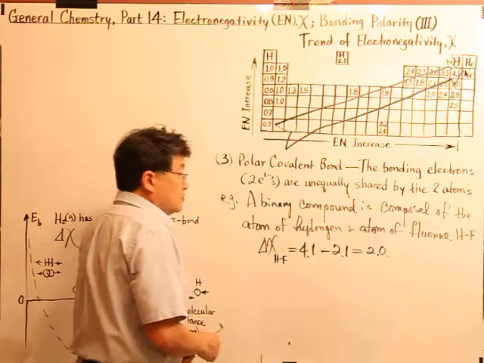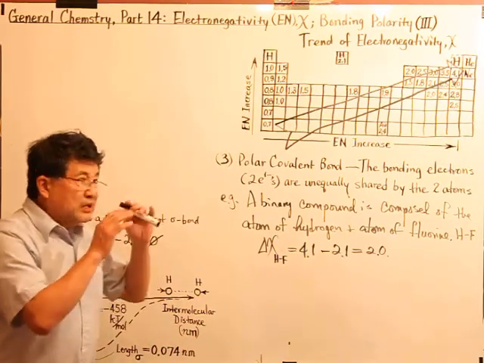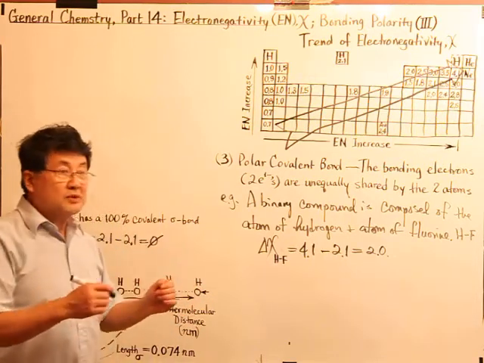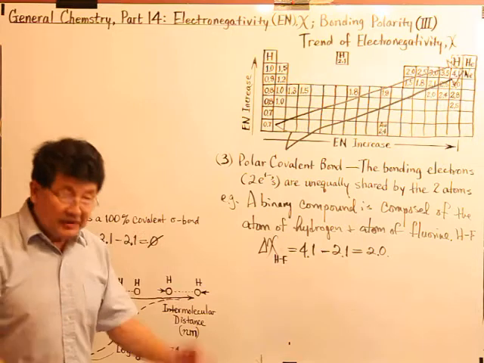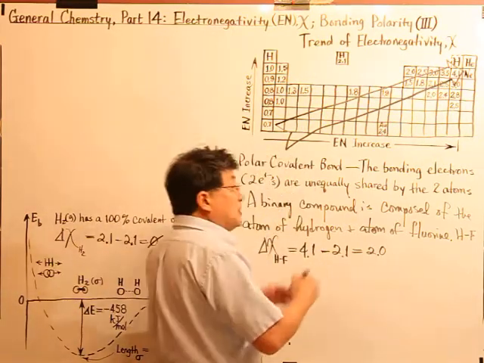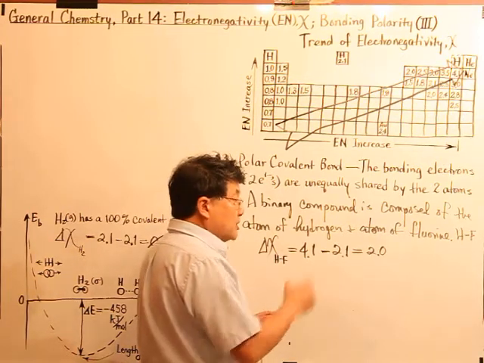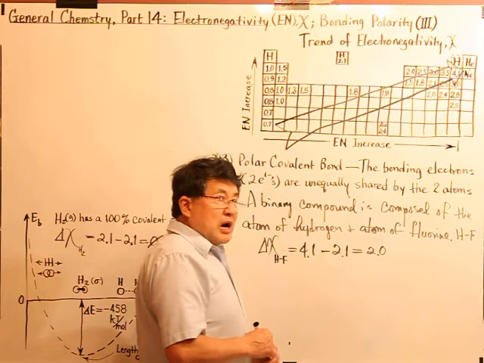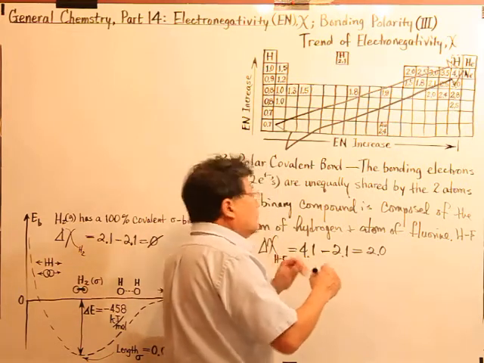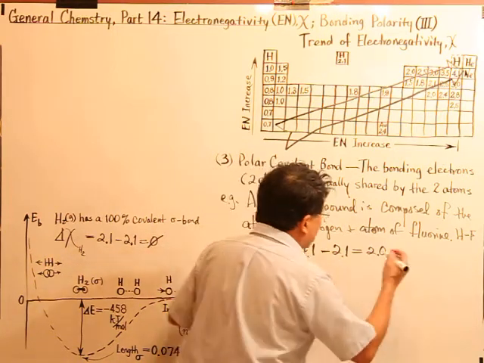All right, difference 2. Now, the difference in electronegativity value for two atoms of two different elements, if the difference is only 2, it is just the beginning. It touches a little bit on ionic, but is still close to having the features of covalent.